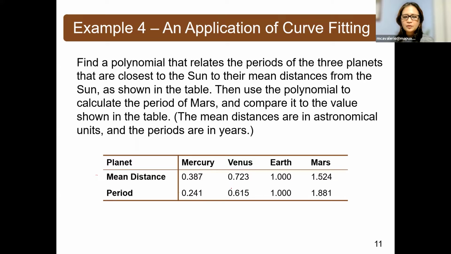For Venus, the mean distance from the sun is about 0.723, and the period is 0.615. For the Earth, that will be 1 and 1, and for Mars, that will be 1.524 and 1.881. We can consider the following simply as ordered pairs.